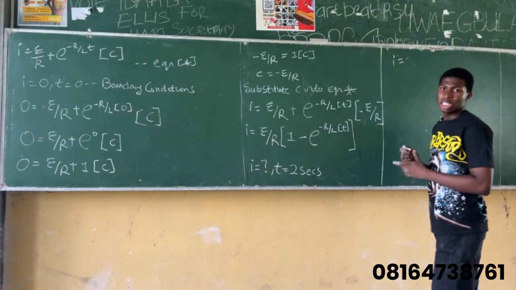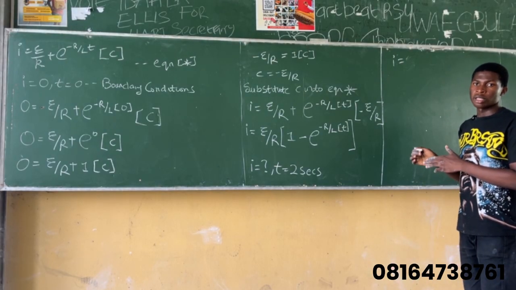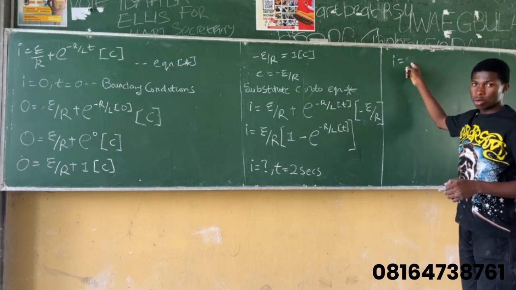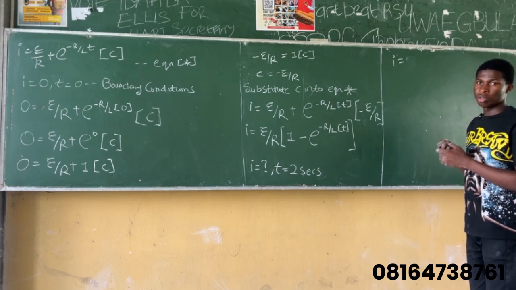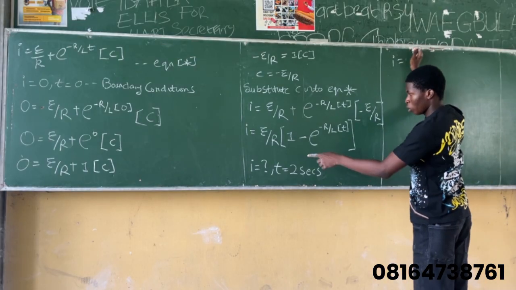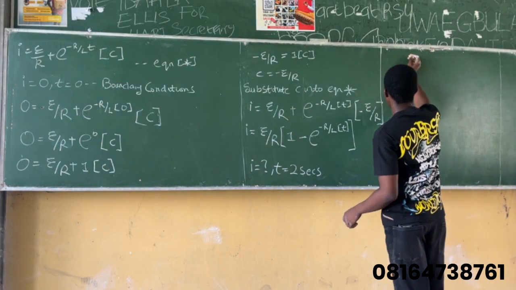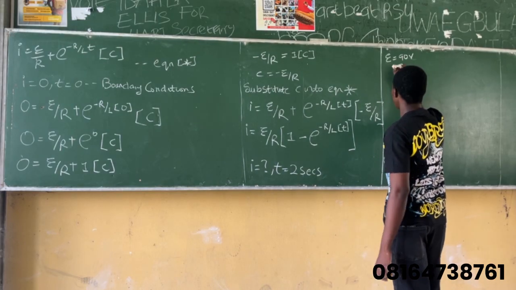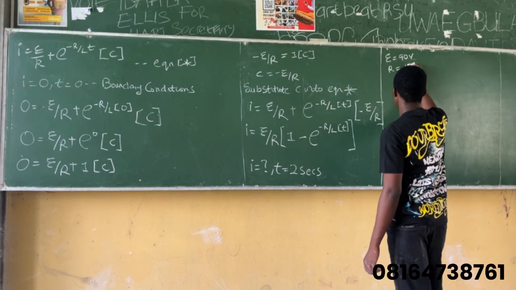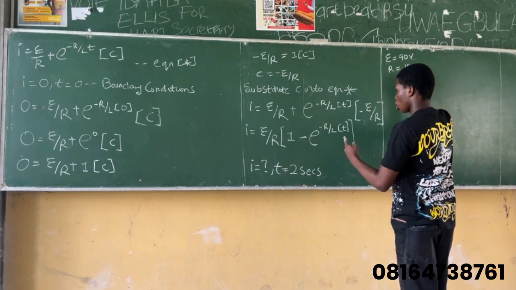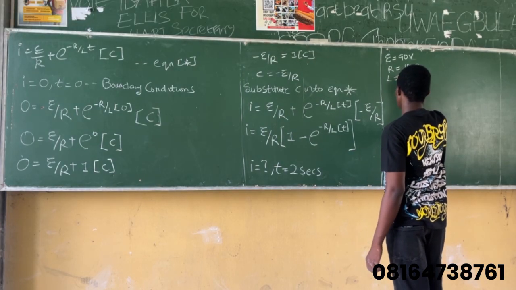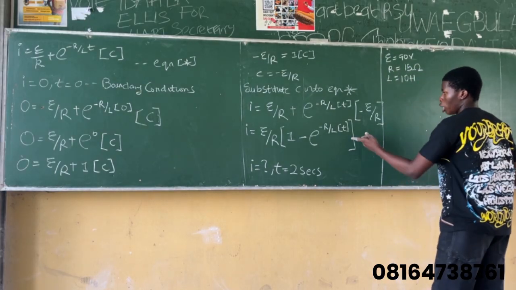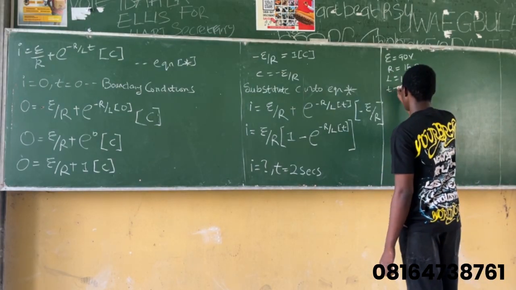From the question, E is 90 volts, the voltage in the circuit. Let's write out all our parameters. E is equal to 90 volts. R is 15 ohms. L is 10 henrys. And t is equal to 2 seconds.